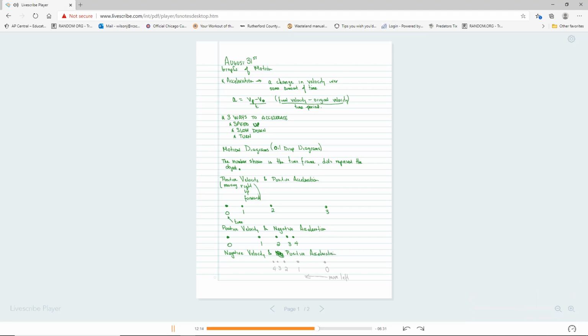Okay, negative velocity I have to start over here, because negative velocity I'm going to move to the left. And then we have to decide, are we speeding up or are we slowing down? I got to vote for speeding up.